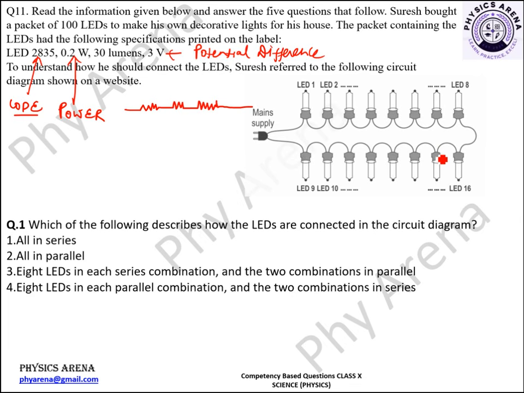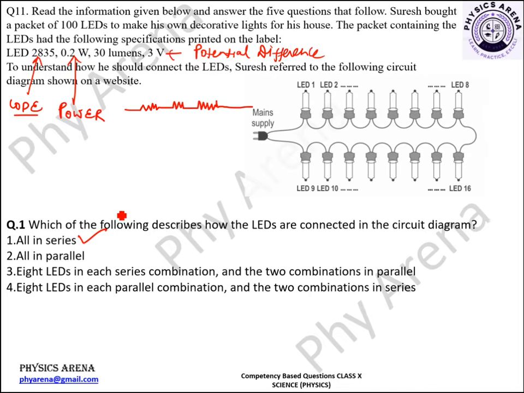So we can say that all the LEDs are connected in series. From the given options, all in series, all in parallel, 8 LEDs in series and then 2 in parallel, and 8 LEDs in parallel and then 2 in series, we can see that all are in series. So option 1 is correct.